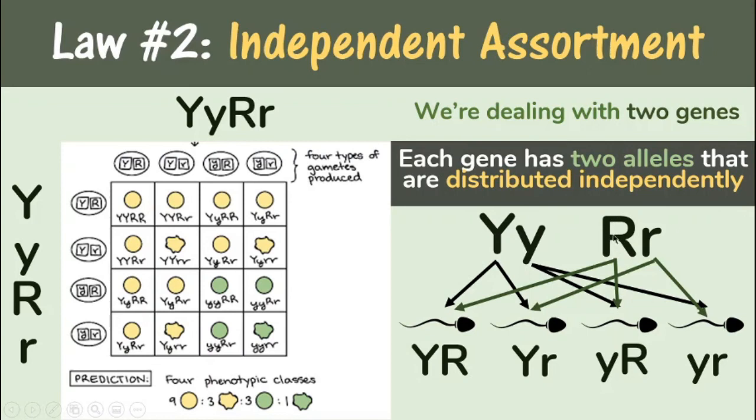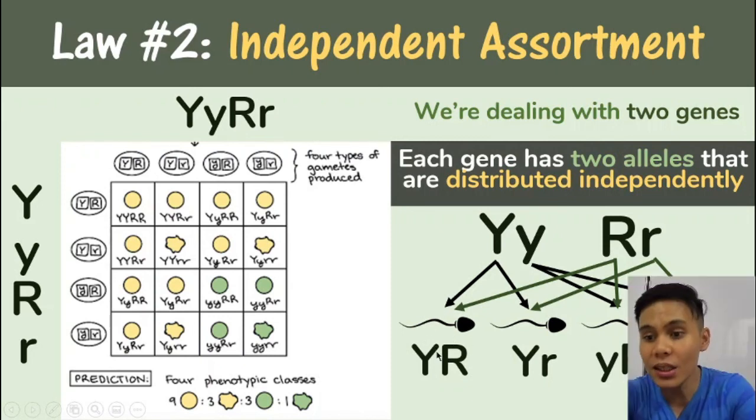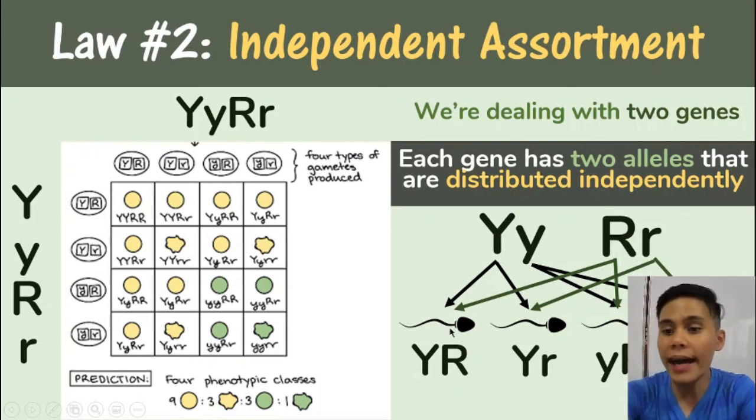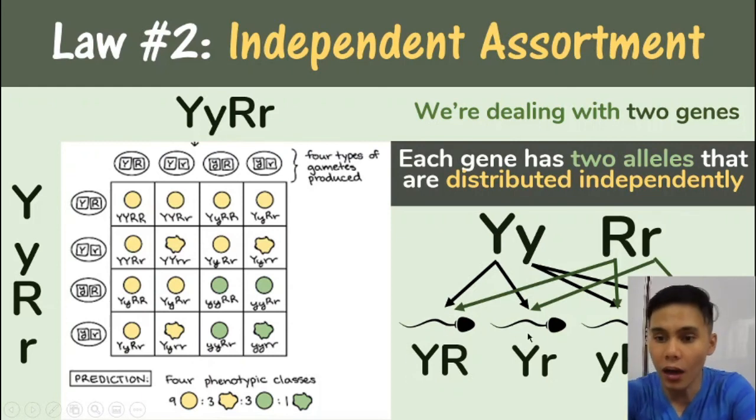You distribute capital R to 2 sperm and your small r to another 2 different sperm. And you get 4 different combinations. We have capital Y, capital R, capital Y, small r, and so on. So these are different combinations of alleles on single sperm cells. This sperm cell is carrying capital Y and capital R. This one is capital Y and small r.